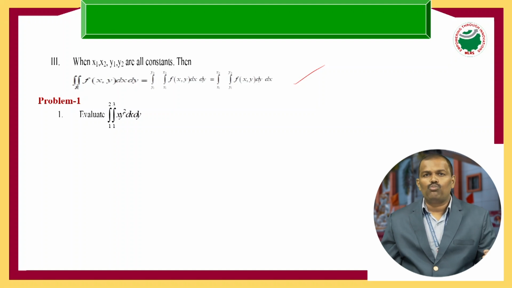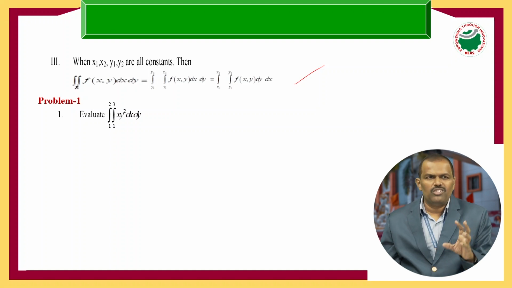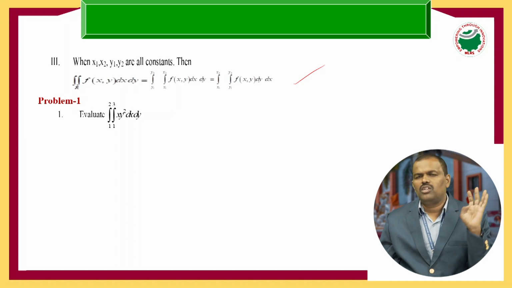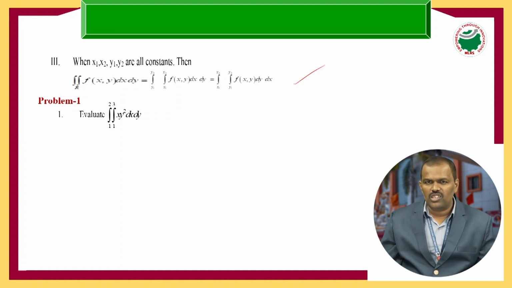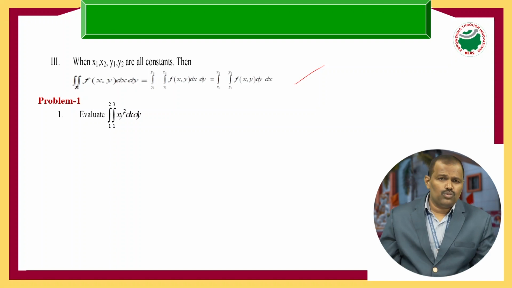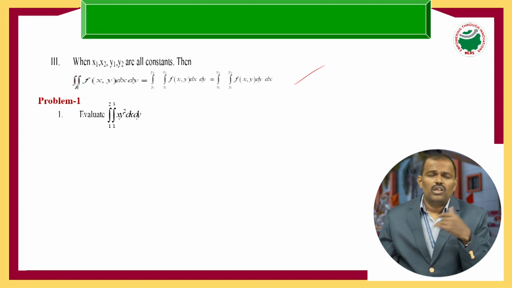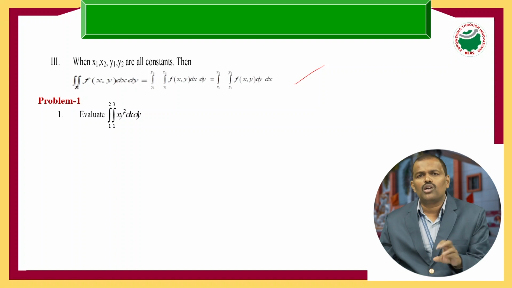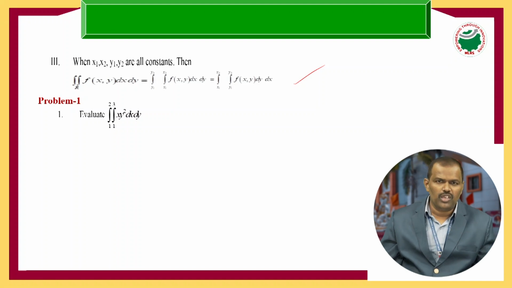And third way is both are constants. That means we will see three types of problems in double integral. If we take any problem in Cartesian form, it belongs to one of these three cases only.